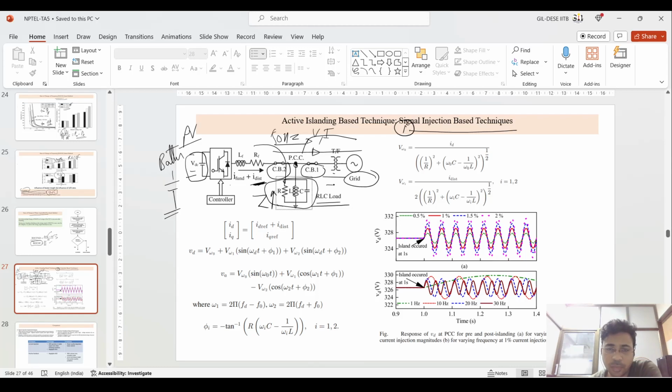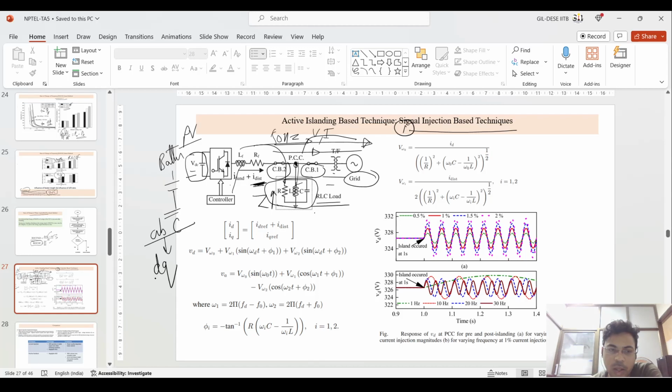Because if you see, the RLC load impedance is very high with respect to the grid, so the grid has a lower impedance, so it will go from this inverter based system to the grid, not to the load. So when it is an off condition, this extra disturbance signal will move to the load when the islanding situation occurs.